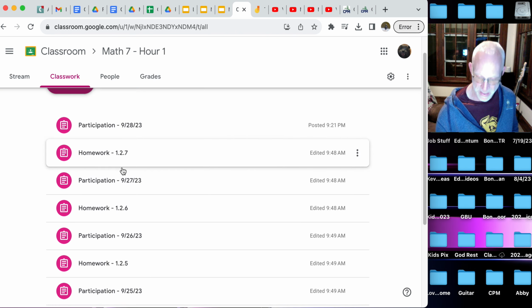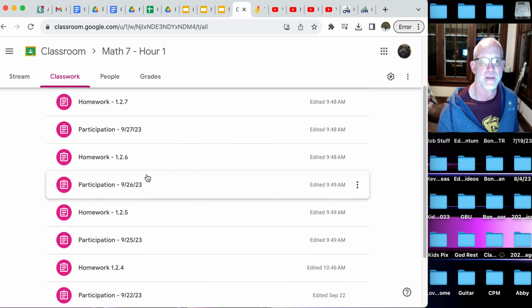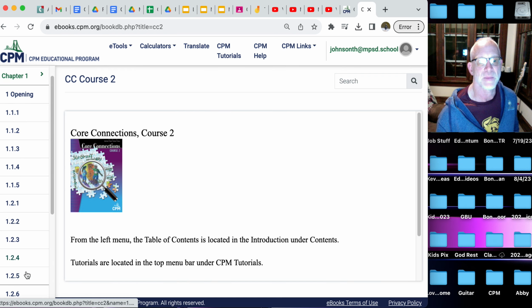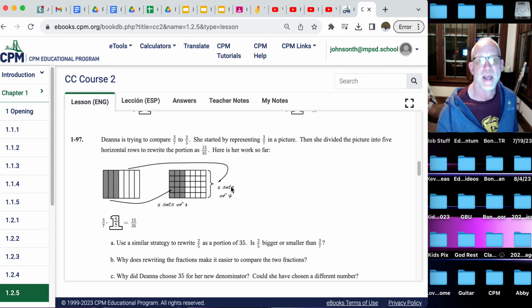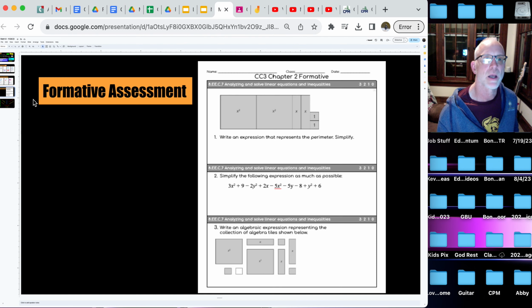We went anywhere up to 1.27. So if we're looking at our book here, anything up to 1.27. We could have done 1.22, 1.23, 1.24, 1.25, and then we worked on our homework packets.